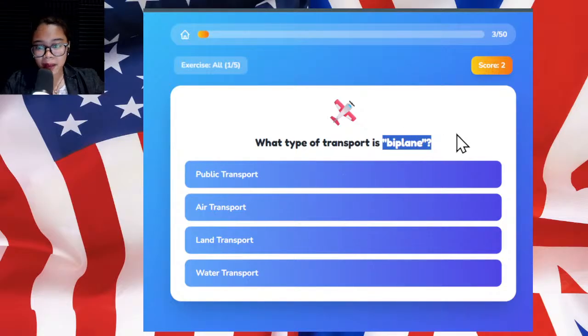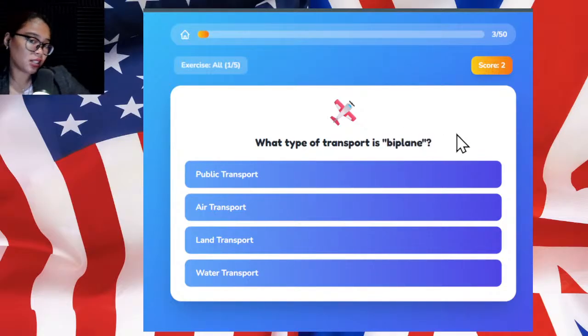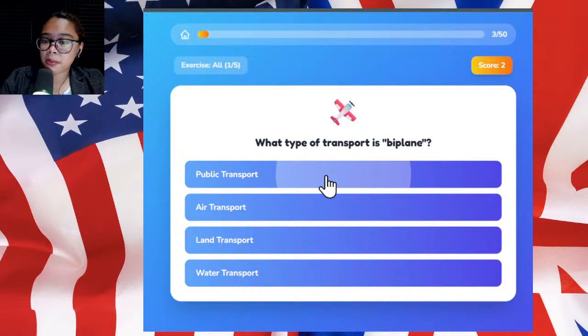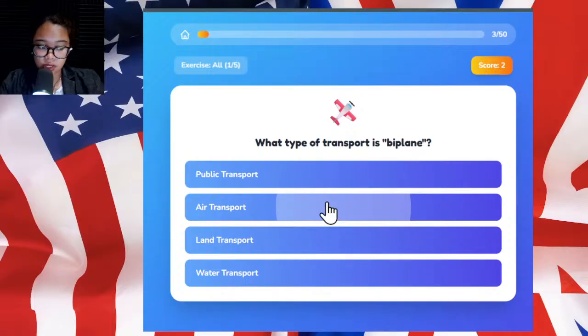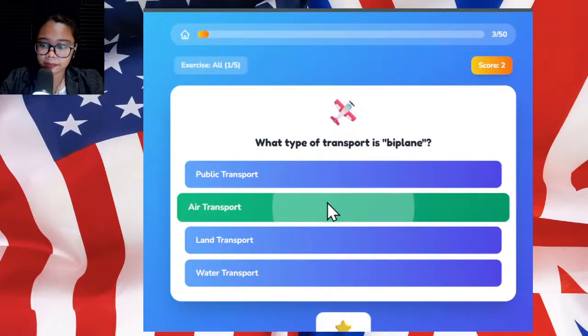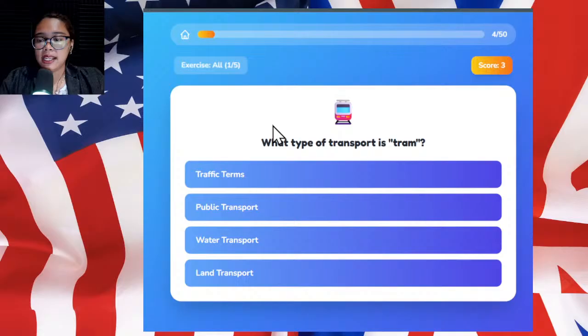So biplane is, of course, not a public transportation vehicle. Land transportation, no. How about water? Also, no. So biplane is an air transportation vehicle. Perfect. Next, what type of transport is tram?